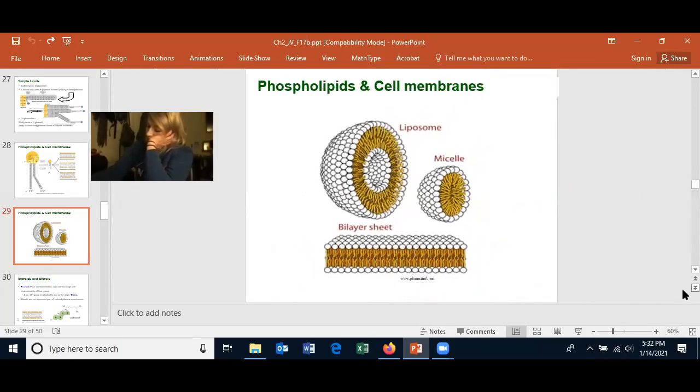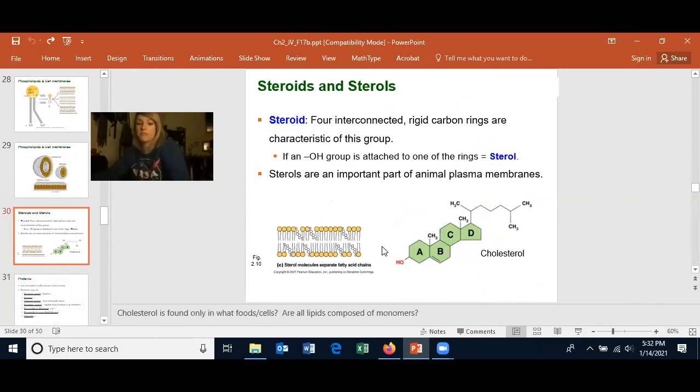All right, let's move on to the next lipid. You also need to know the third type of lipids, the steroids and the sterols. Steroids and sterols are very similar. A steroid is a structure with four interconnected rigid carbon rings, meaning this molecule is not very flexible, it's rigid. 1, 2, 3, 4 carbon rings.